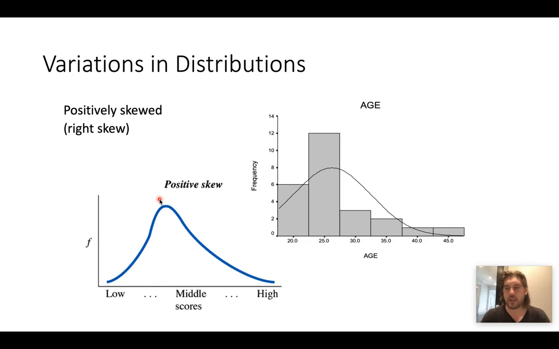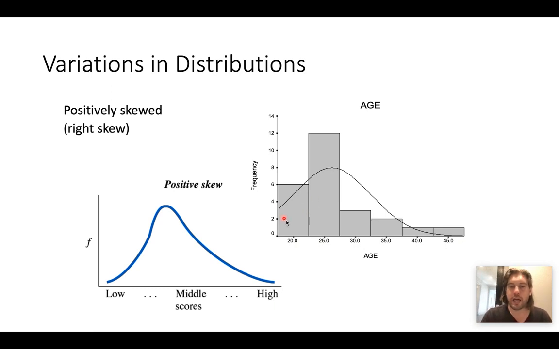And so, of course, the same is true on the flip side. When the data accumulate at the low end of the scale, there is greater frequency of data at the low end. This is age, right? So maybe this is the age of college students at Georgia State or something.